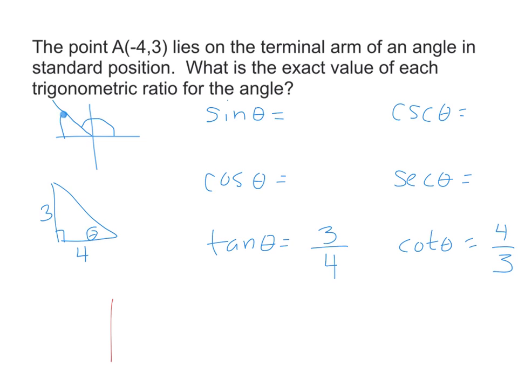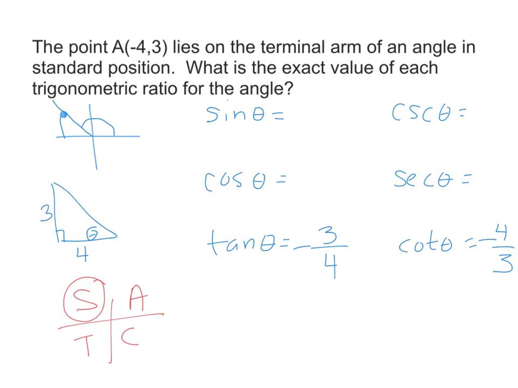We do need to consider what's positive and what's negative. Since we're in this quadrant, this will actually be -3/4 and -4/3. Because sine is positive there, which means the other ones are negative. But how am I going to find the sine?